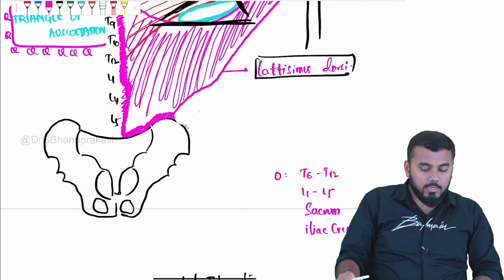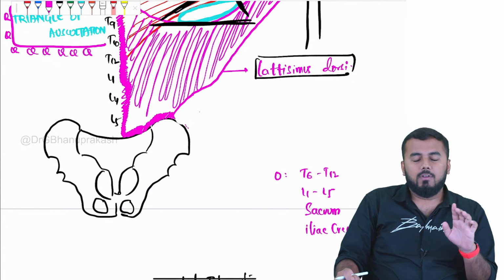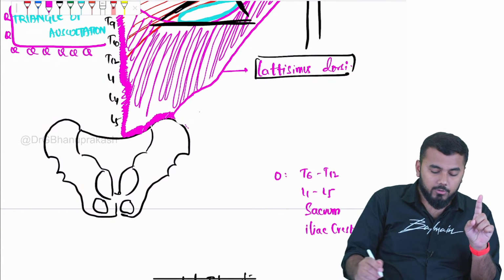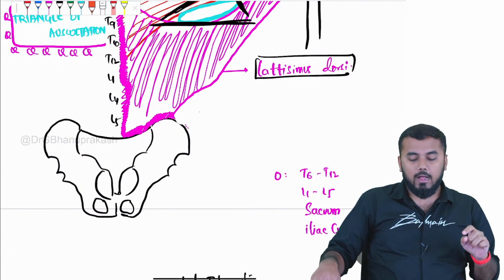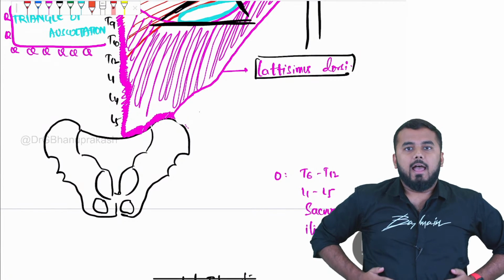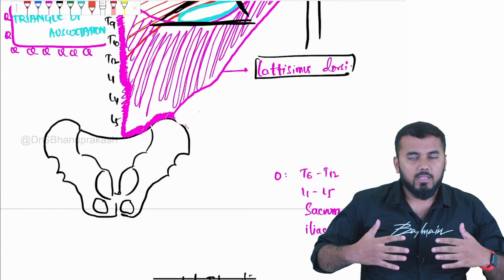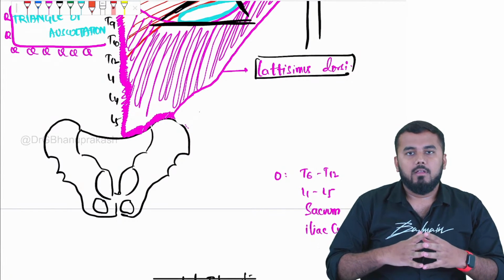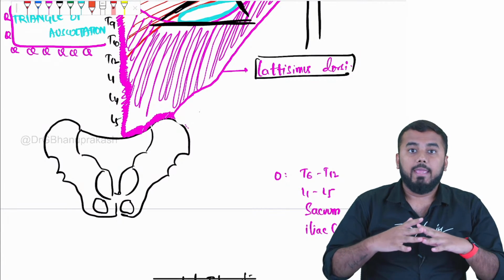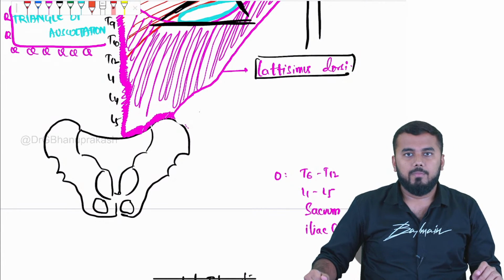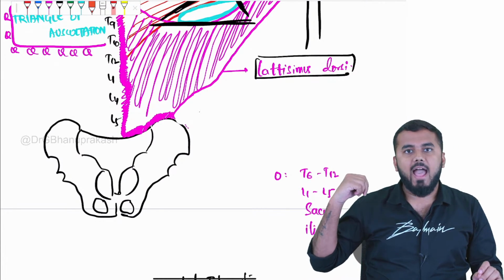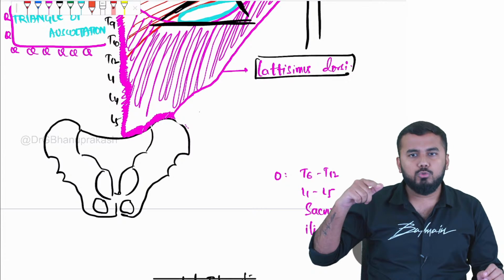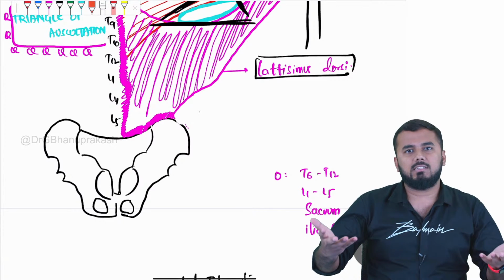Another important thing I'm telling you: on the anterior side of the abdomen, I have got some muscles. Transverse abdominis I have, internal oblique I have, external oblique also I have. But from the back side, if you are wishing to see muscles on the anterior side, you can't see.